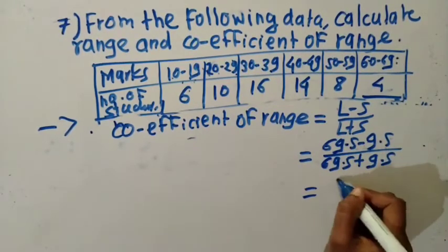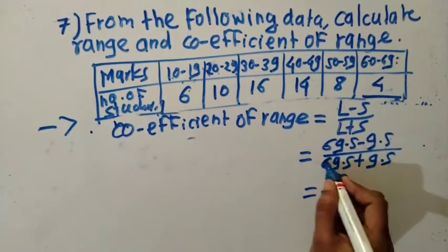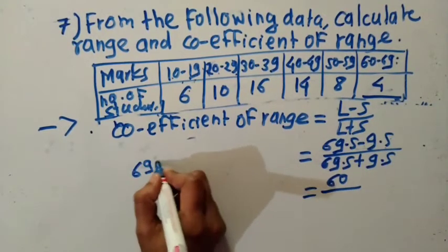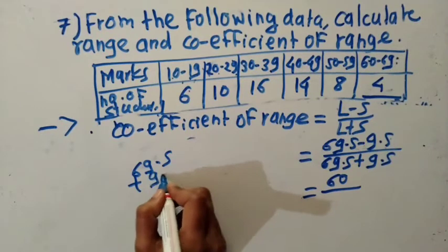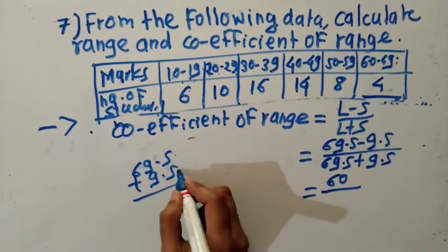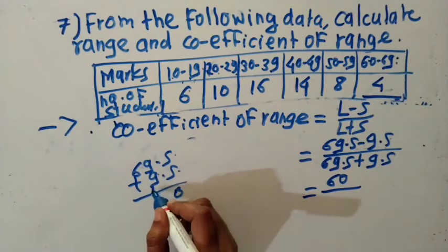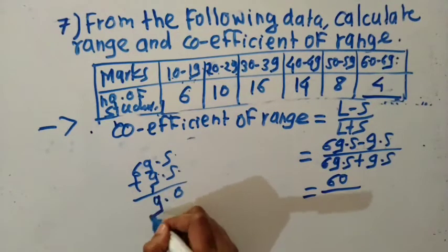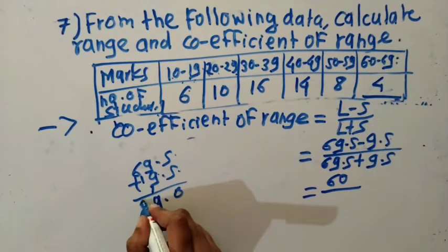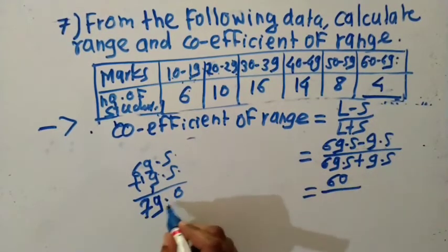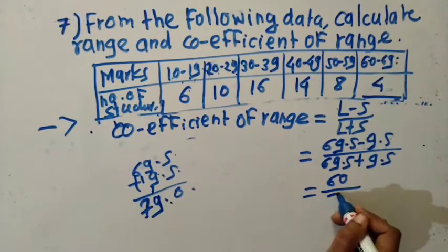This minus is 60 and 69.5 plus 9.5 is 5 plus 5 10, 9 plus 9 18, 18 plus 1 19, 6 plus 1 7. So 79.0 means 79.